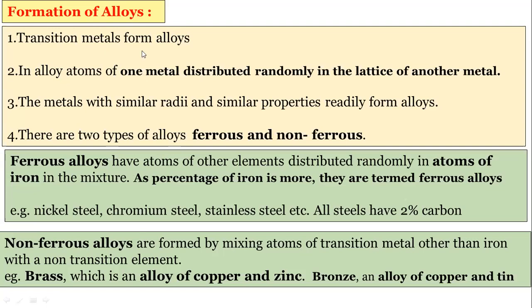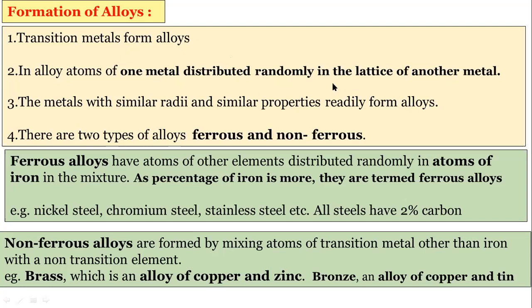First, I will explain what is meant by alloy. An alloy is one metal distributed randomly in the lattice of another metal, means an alloy is a combination of two or more metals. So in chemistry, we have to write the definition like this: one metal distributed randomly in the lattice of another metal is called an alloy, remember.